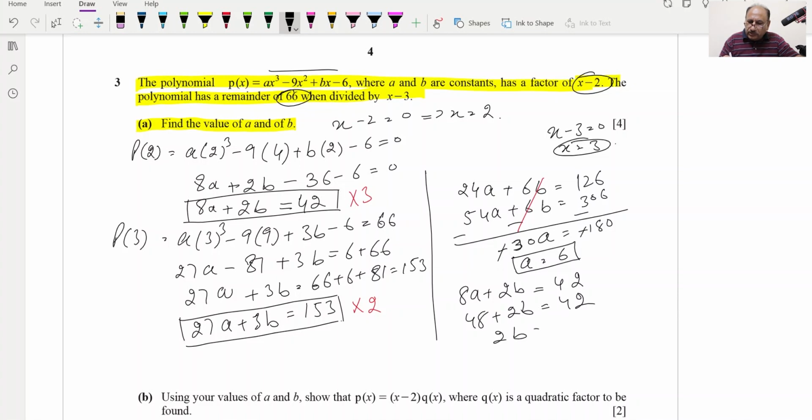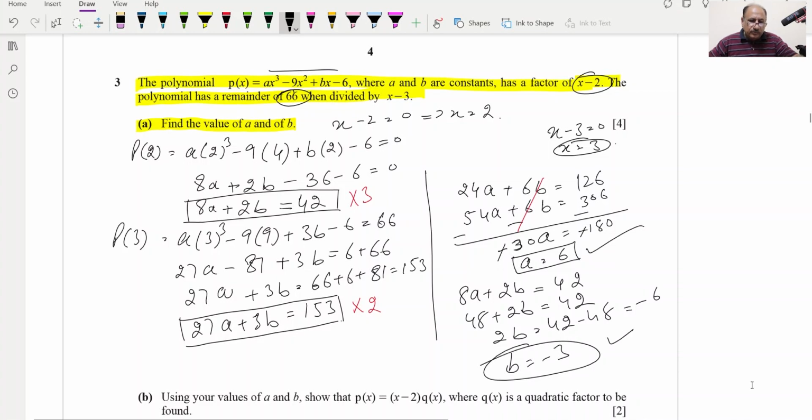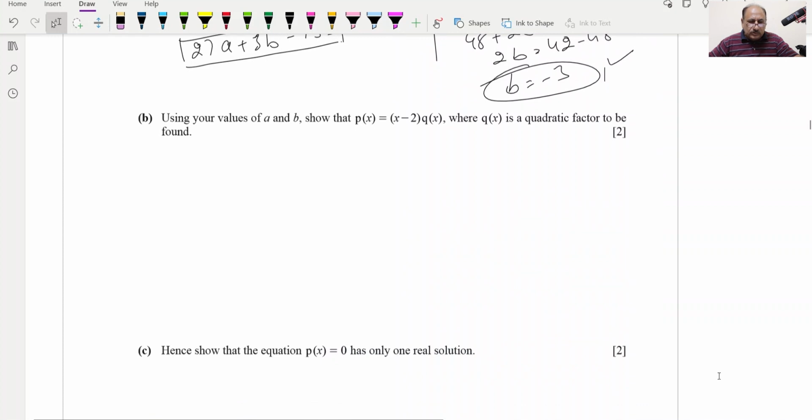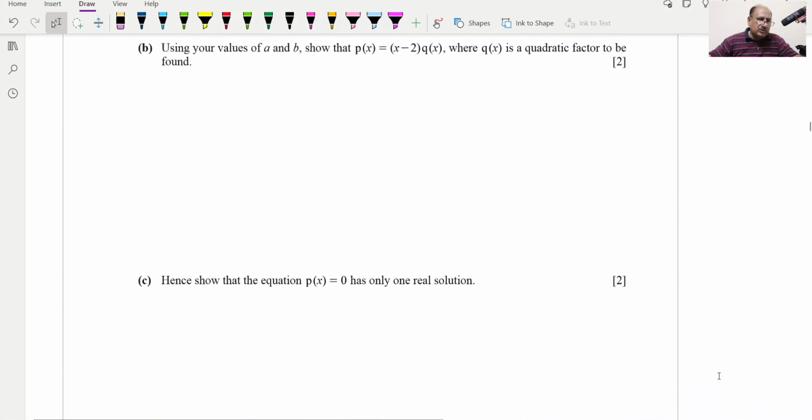So 2b is equal to 42 minus 48, that is equal to minus 6. So b will be equal to minus 3. This will be the b value. So a and b value we were supposed to find, which we have done. Hopefully you understood this.